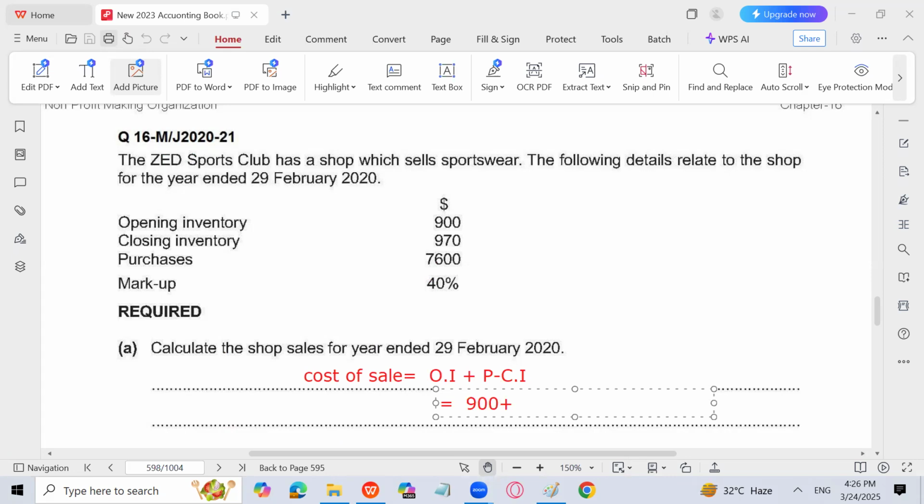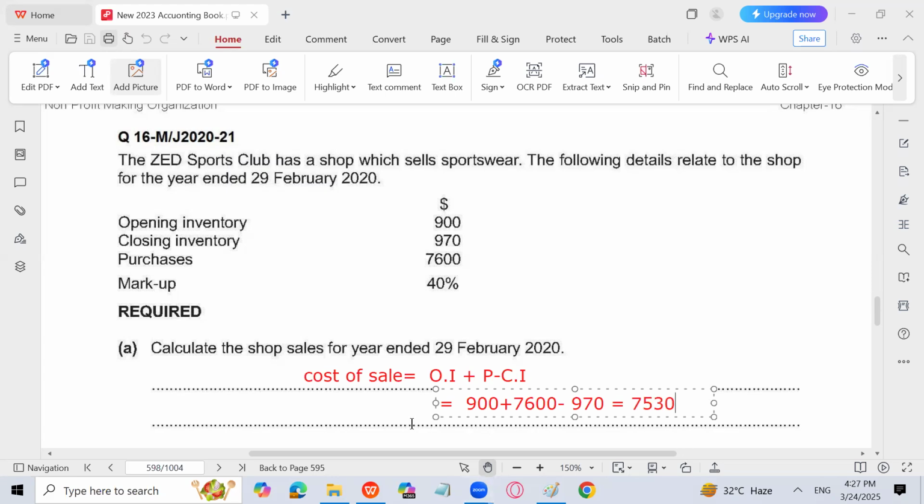Plus purchases 7600. Minus closing inventory 970. So what is the amount of cost of sales? 7530. 7530 is the cost of sales.